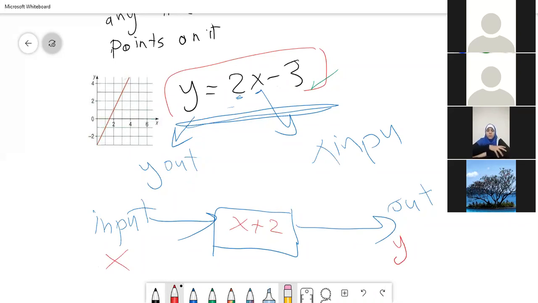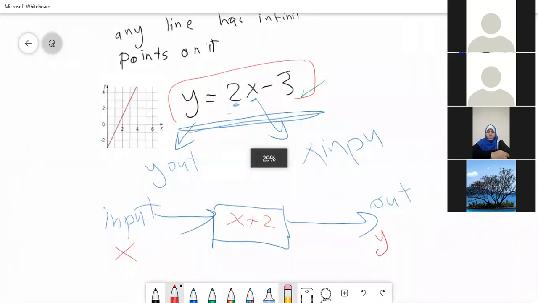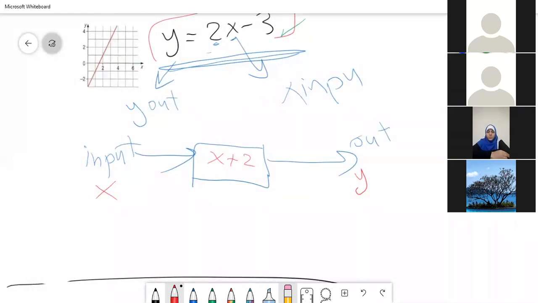What is the input? x. What is the output? y. So whatever the value of x, imagine the value of x is 2. 2 is going to be inserted, or sent into this box. So we have x here, right?